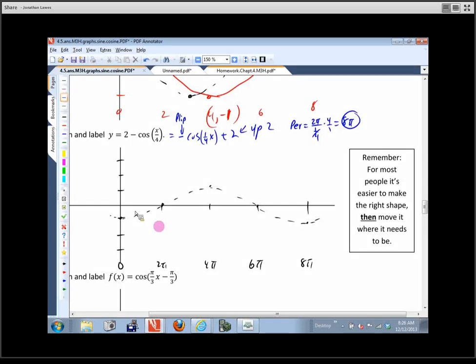Okay, so if I move it up 2, remember I recommended that we draw a new center line. This is running right down the center horizontally. And I'm going to slide everything up 2 units. So I'm going to bump this up 2 units, that up 2 units, this up 2 units, that up 2 units, and that up 2 units. This is the right graph.